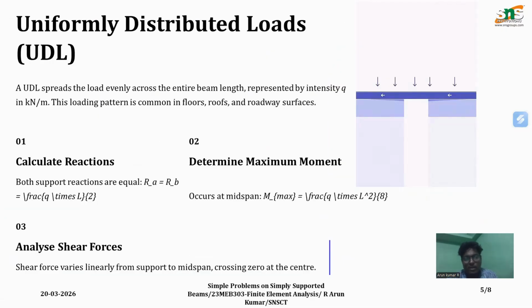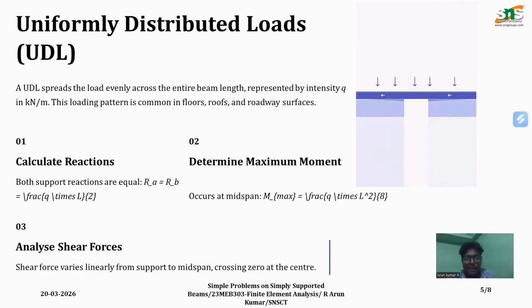And what is a uniformly distributed load? It is simply called a UDL. It is a load that acts on the entire beam uniformly, represented in kilonewton per meter. So a UDL is a load spread evenly across the entire length of the beam, represented by the intensity q in newton or kilonewton per meter.